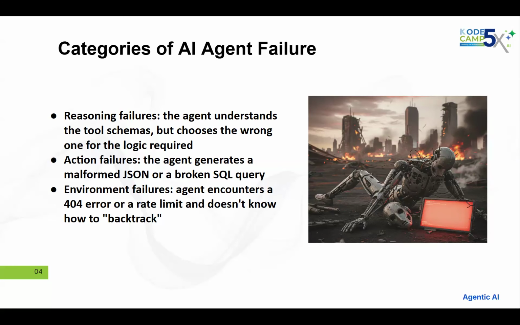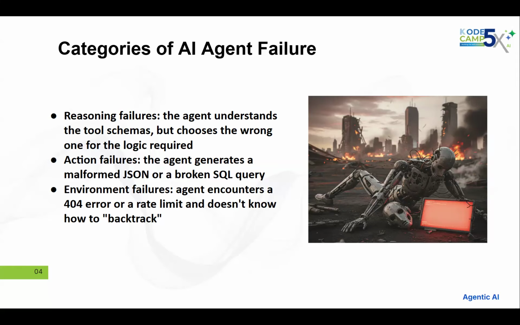Then there's environment failures, like when you're using a cloud hosted LLM to power your agent, and the provider is not reachable, or you hit a rate limit. The agent is going to fail at that point.